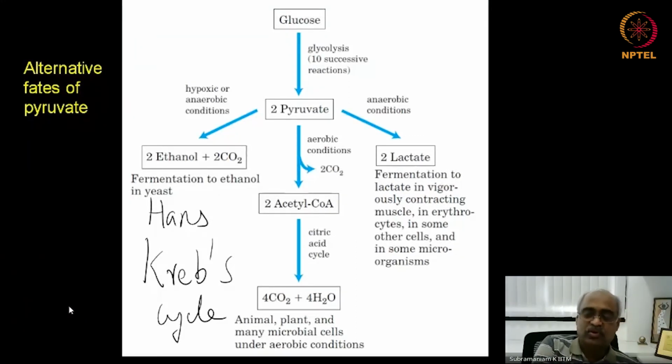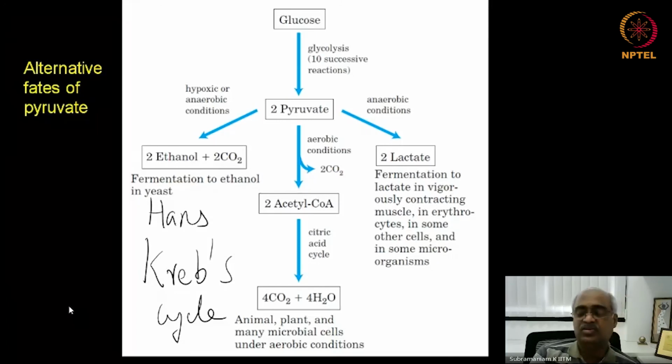And even before him, Louis Pasteur, growing yeast and other microorganisms, realized that in the absence of oxygen, in anaerobic conditions, glucose breakdown was happening at a higher rate. That is because glycolysis is the primary way of getting the required ATP molecules, which means you need to break down a lot of glucose.